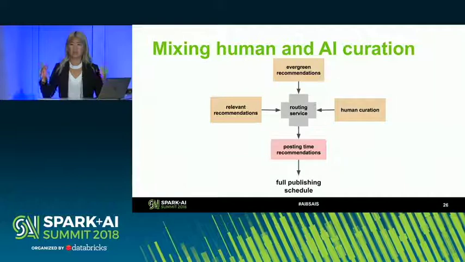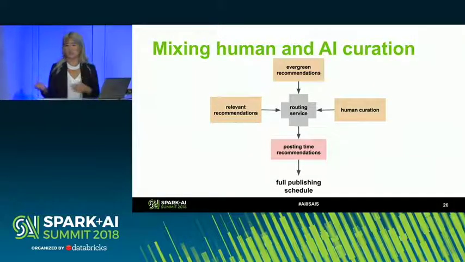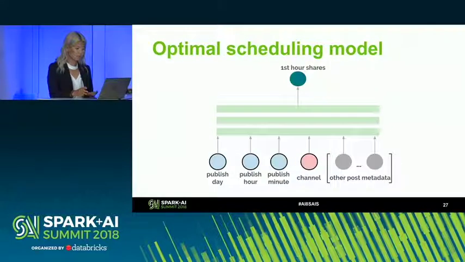So all of these three sources curate some items to post onto the channel. It goes through this routing service, which then funnels them all into this model that determines when the best time to publish is for each of these items and on the given channel. And then from there, it deliberates a full publishing schedule.